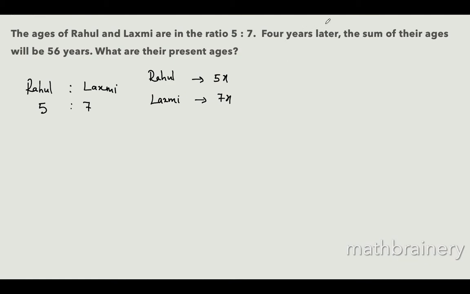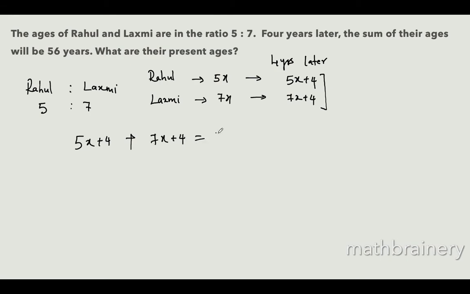Now what is given? 4 years later. So what should be their ages? 4 years later, Rahul's age will become 5x plus 4 years and Lakshmi will be 7x plus 4 years. What is given? 4 years later, the sum of their ages is 56 years. So the sum of these two, that is 5x plus 4 plus this 7x plus 4, must be 56.